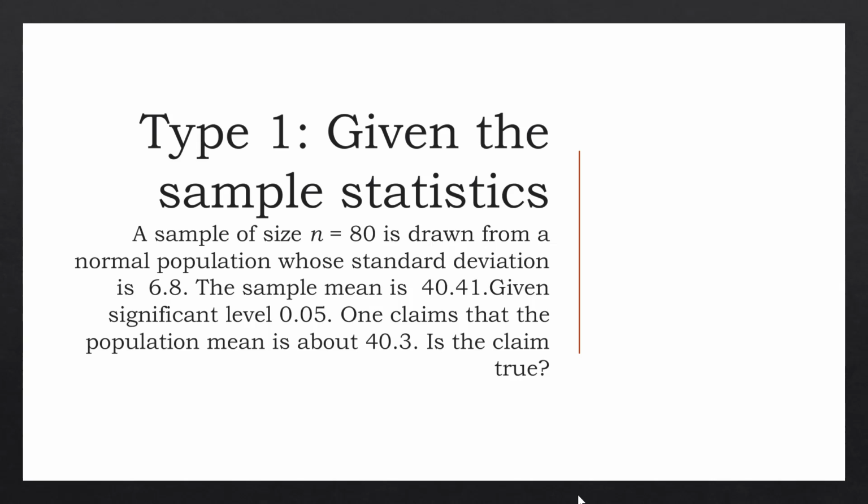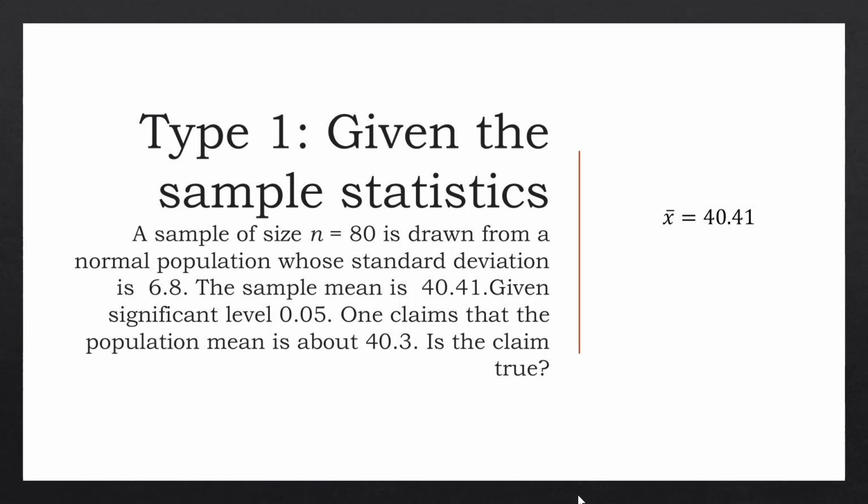Given the sample statistics, a sample of size n equal to 80 is drawn from a normal population whose standard deviation is 6.8. The sample mean is 40.41. Given the significance level 0.05, one claims that the population mean is about 40.3. Is the claim true?